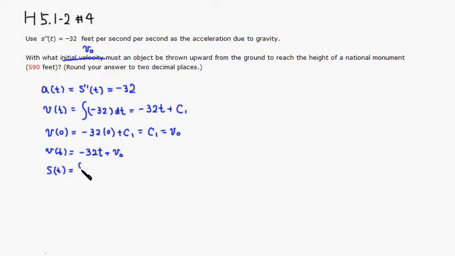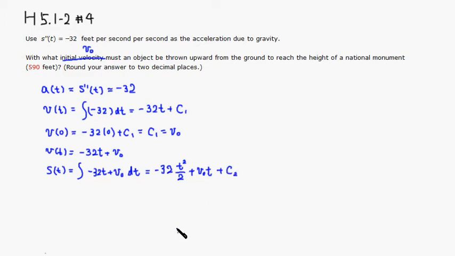So the antiderivative of negative 32t plus v0 with respect to t. Negative 32 is just a constant, so for t we add 1 to the power, so it's a second power, then divide by that number 2. The antiderivative of v0, since it's just a constant, is v0t, plus some constant, c2.